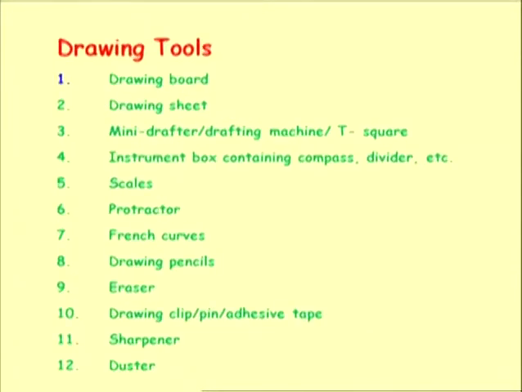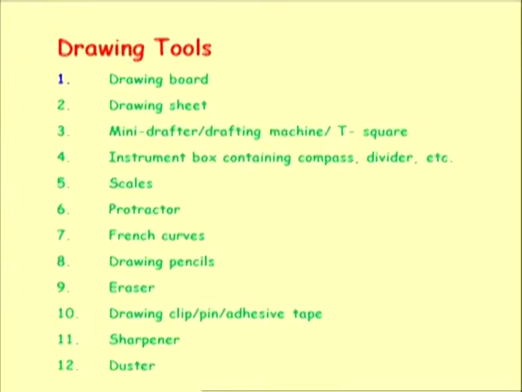Now these are the drawing tools, different drawing tools. The first is the drawing board. The wooden board is there, which has a horizontal surface, and over that you can put the drawing sheet or drawing paper. Usually we use a drawing sheet which has a greater thickness than the normal paper we are using.